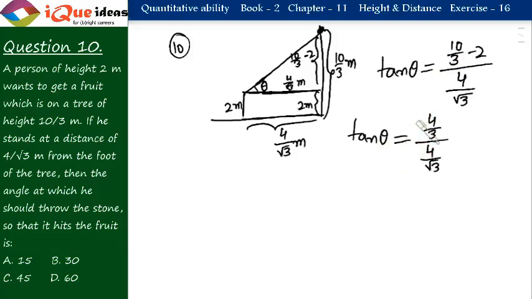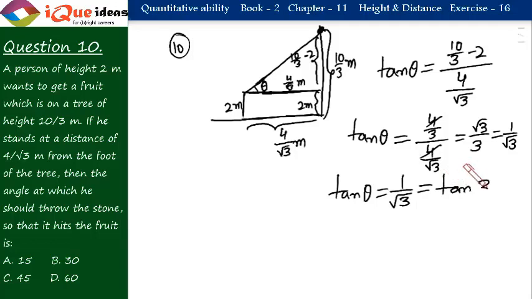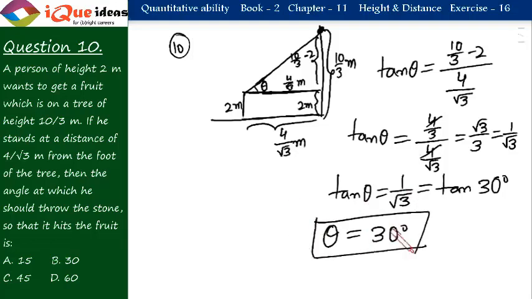So 4 and 4 get cancelled. We will have root 3 by 3, and that is equal to 1 by root 3. So tan theta is equal to 1 by root 3, and we know that 1 by root 3 is equal to tan 30 degrees. So from here we can say that theta is equal to 30 degrees, and that is the answer of this question.